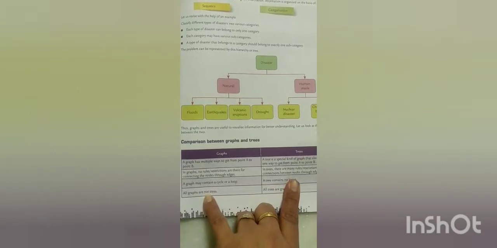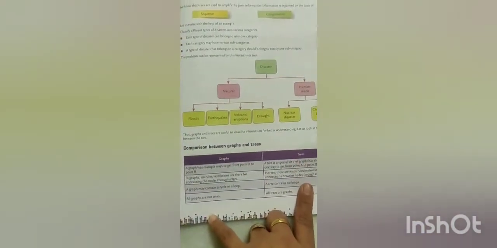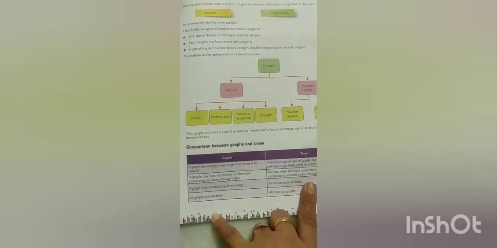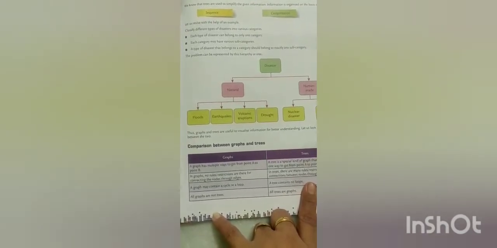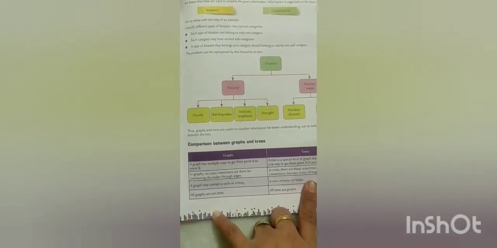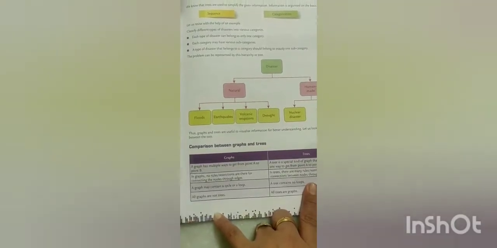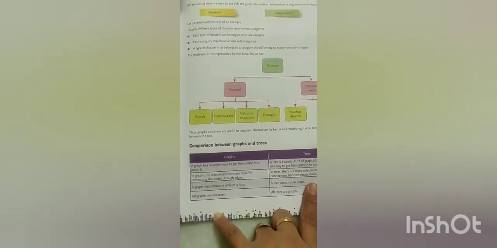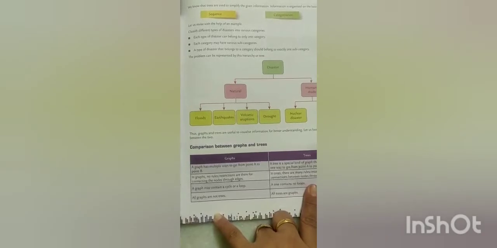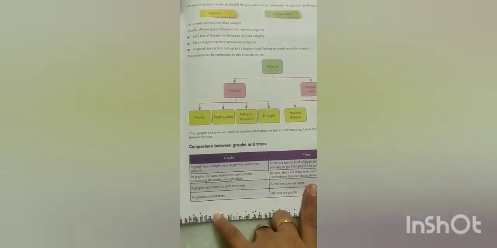Further, each category may have various subcategories. We saw that natural and human made can have further subcategories. So a tree can go to any extent, okay? A subcategory, further categories like this, depending on the information, the trees can keep on increasing. So this is basically graphs and trees.